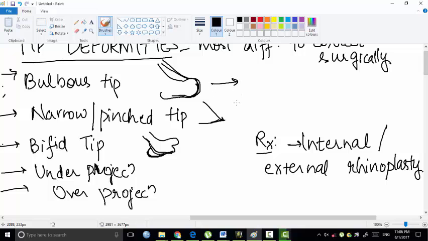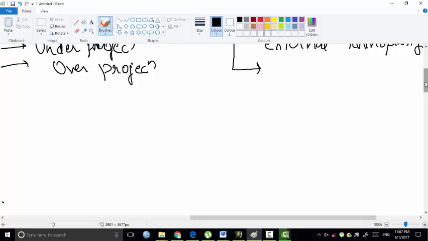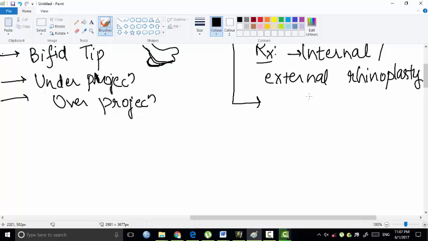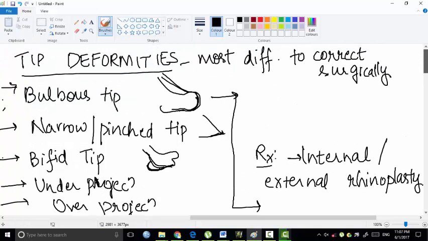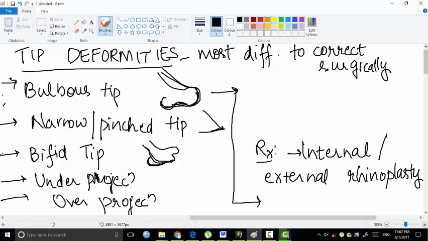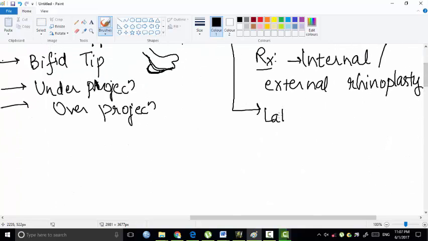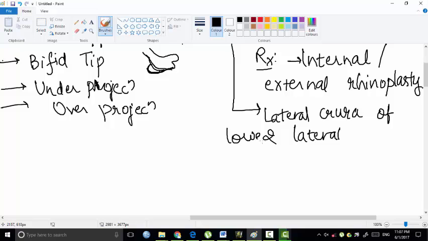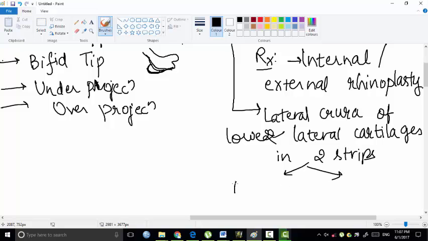If a bulbous tip is given, then what you will have to do is first divide the lateral crura of the two lower lateral cartilages into two strips, one medial and the other lateral, right?